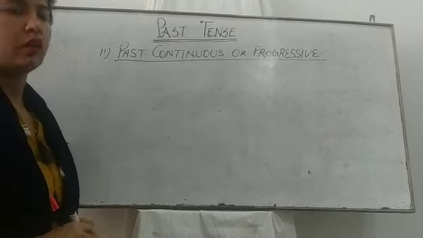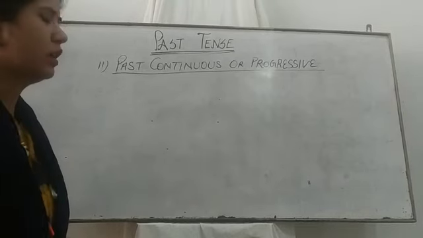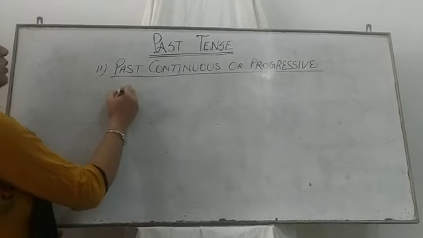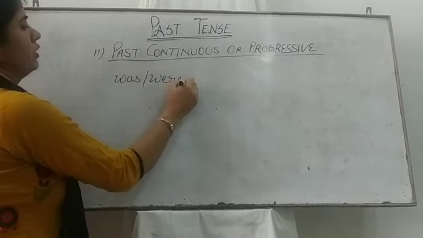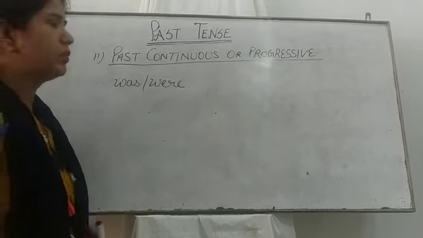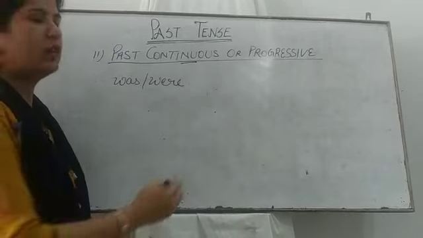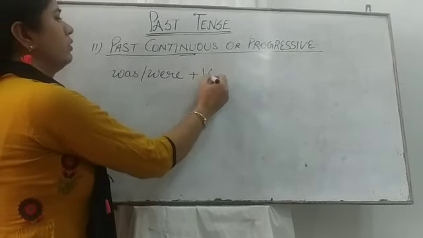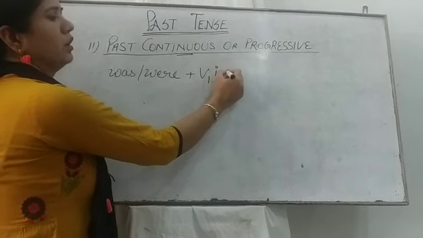Now we will discuss the past continuous or past progressive tense. In this tense, the helping verbs that we will use are was and were. Yesterday I had given a tip to you that wherever you see the word continuous, you will add verb's first form along with ing.